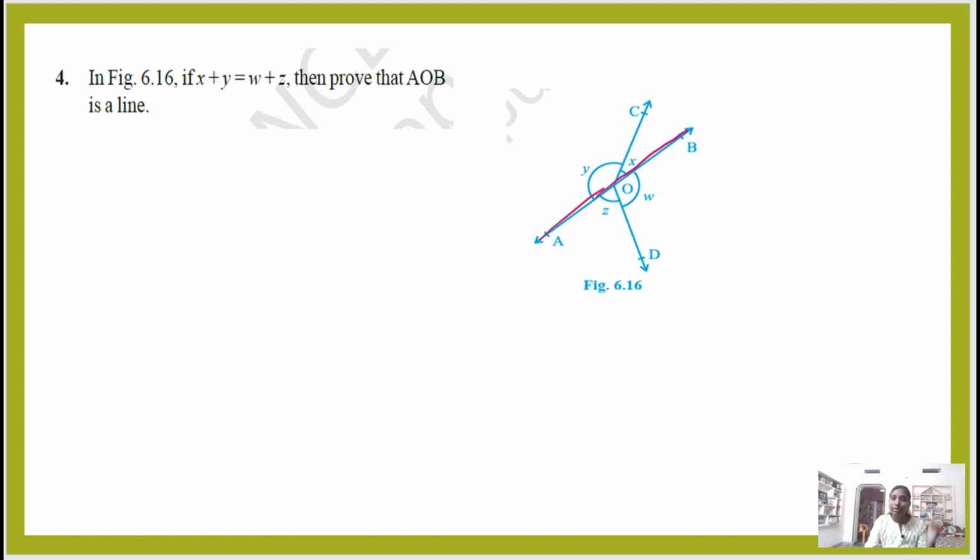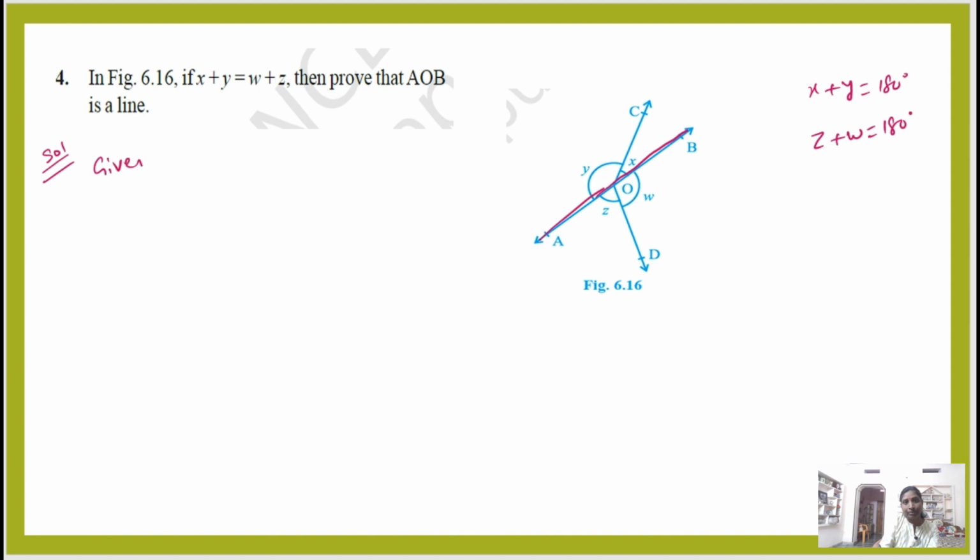In order to prove AOB is a line, we have to prove that either x plus y is equal to 180 degree or z plus w is equal to 180 degree. Okay, so let's start how to prove it. First write what is given.